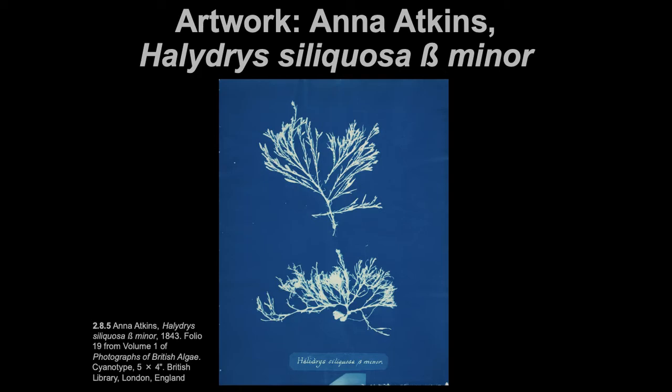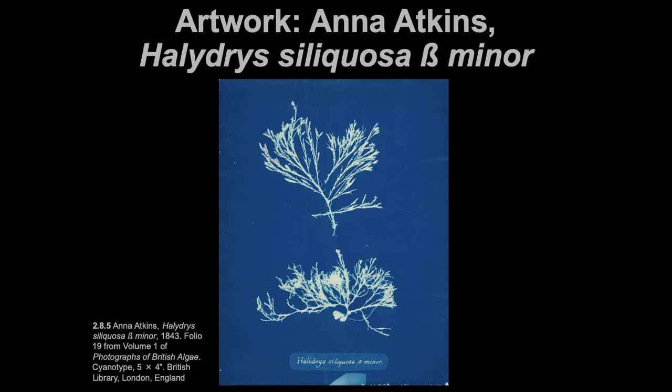Literally, it's a blue chemical, and this is a plant that Anna Atkins, in 1843, put on this treated paper that had the chemical on it, and then puts it into the sun and leaves it there for a little while, and it is exposed.